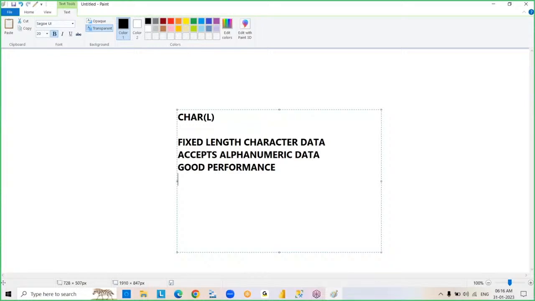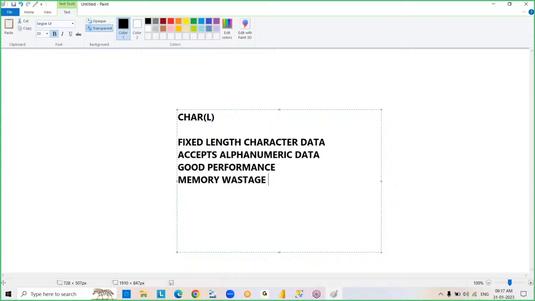Next, there is some issue with this data type. Memory wastage. When we are working with this data type, some memory wastage, space wastage will be there.